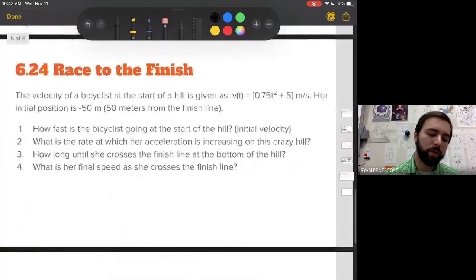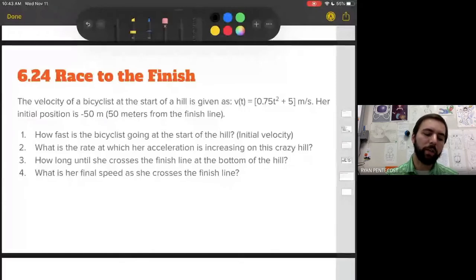All right, so this one is a little bit more complicated. The velocity of a bicyclist at the start of a hill is given as v of t equals 0.75 t squared plus 5 meters per second. Her initial position is negative 50 meters from the finish line. 1, how fast is the bicyclist going at the start of the hill? We want the initial velocity. What is the rate at which her acceleration is increasing on this crazy hill?